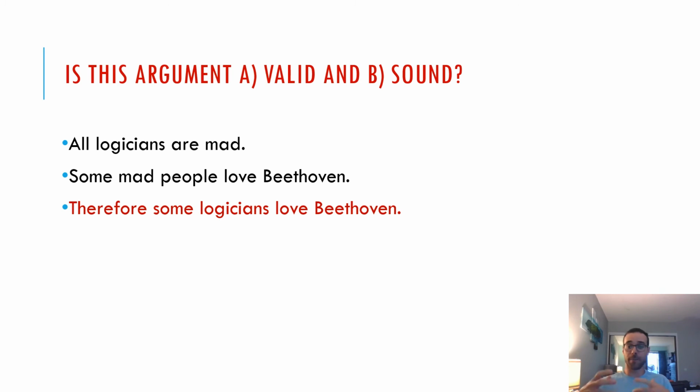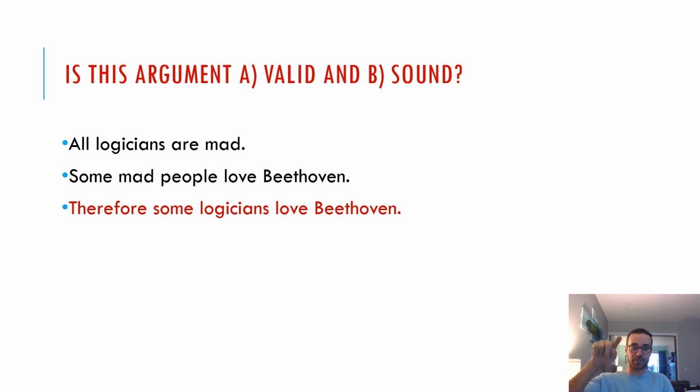And you can do this by simply drawing circles to represent each one of these predicates. If I were to draw a circle to represent all of the mad people, and then draw a subset of that, which were all the logicians, within that mad circle. So I'd have a small circle within a larger circle, where all of the smaller circle resided in the bigger circle.